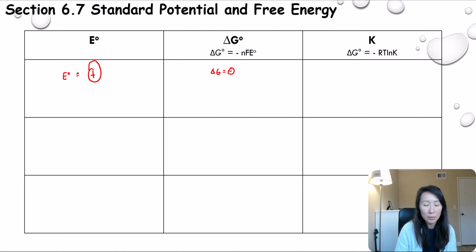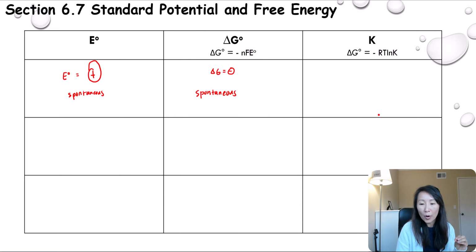Having delta G as negative, is it spontaneous or non-spontaneous? This is spontaneous.